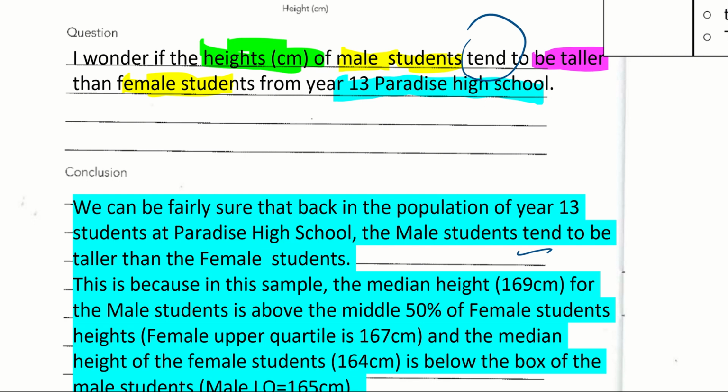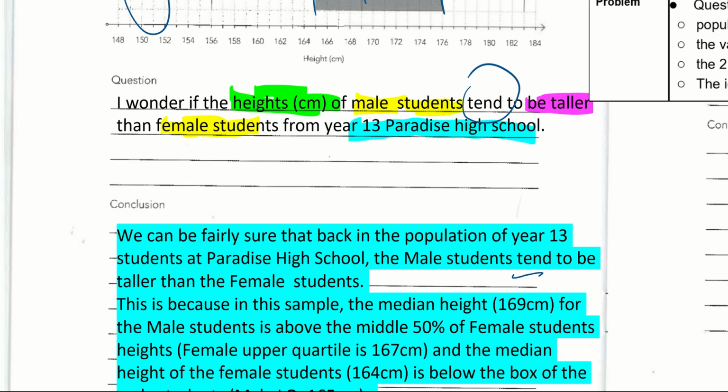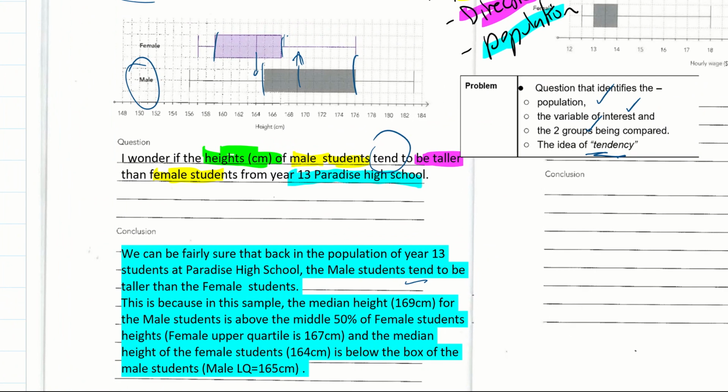This is because in this sample, the median height, 169, for male students, there we go, that median height is above the middle 50%. You could say box if you wanted to. For female students, there's the middle 50% here.